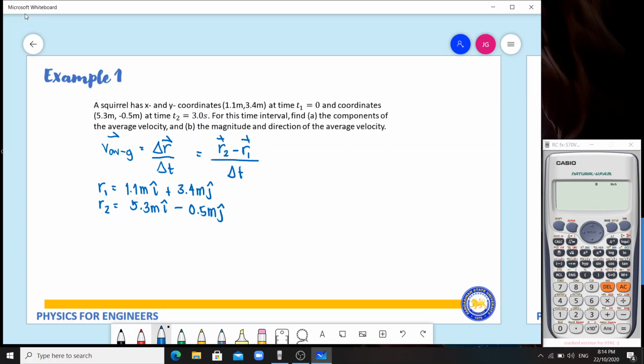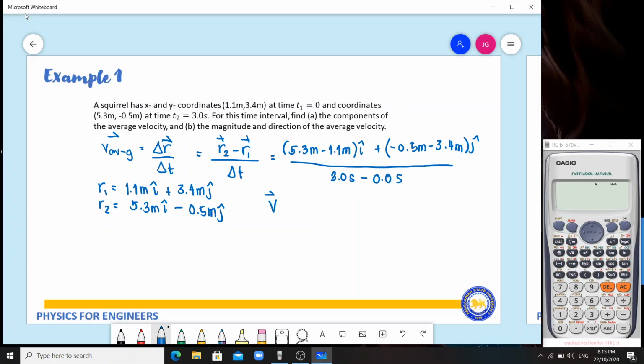So we just have to subtract r2, which is 5.3 meter minus 1.1 meter i plus negative 0.5 meter minus 3.4 meter j divided by the time interval, which is 3.0 seconds minus 0.0 seconds.